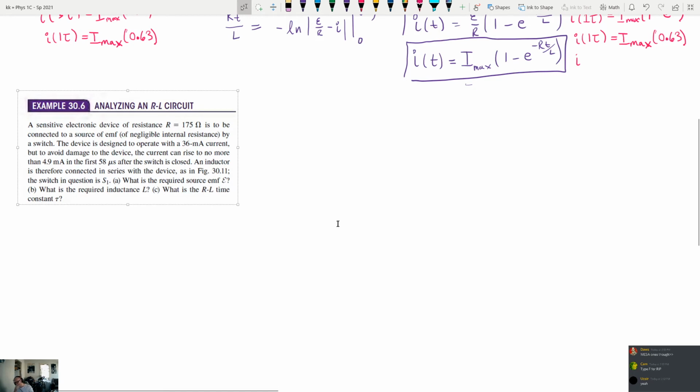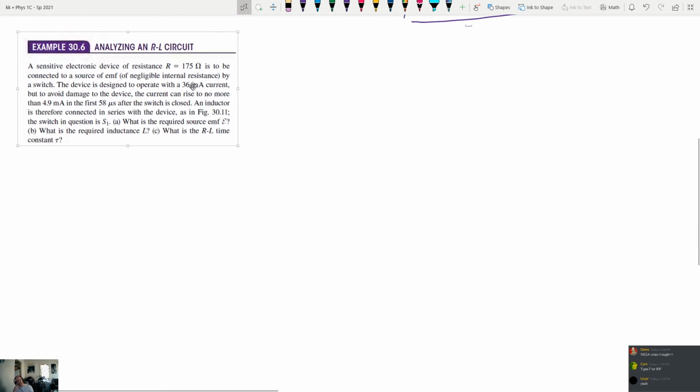All right. A sensitive electronic device with a resistance of 175 ohms is to be connected to a source of EMF with negligible internal resistance by a switch. The device is designed to operate with a current of 36 milliamps.